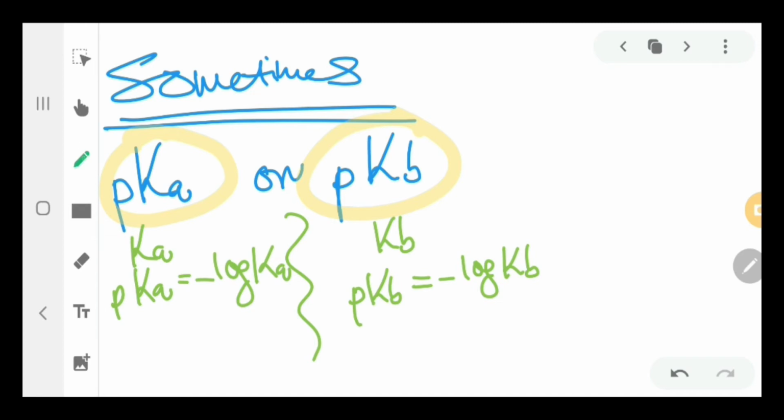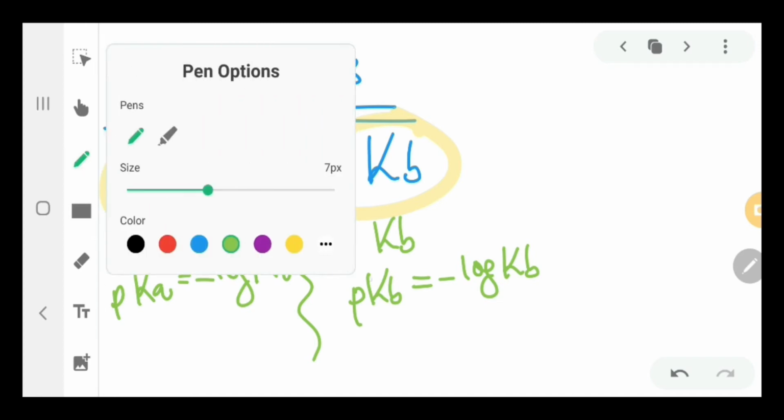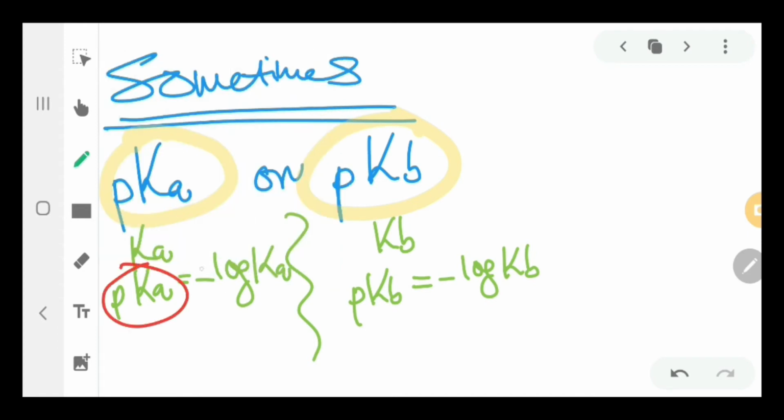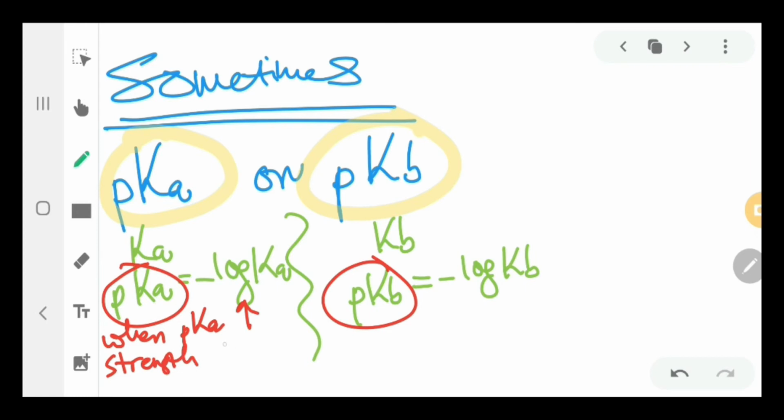Okay? So if you have this situation, it will be the opposite in terms of relationship of the strength. So when pKa is higher, strength would be lower.